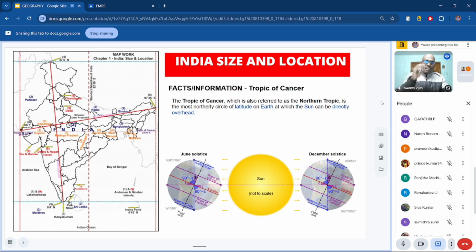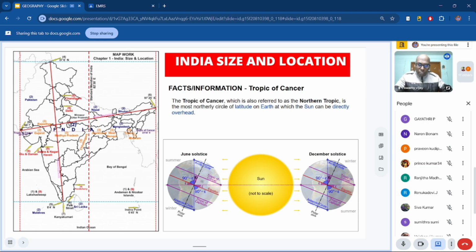So sun rays hit directly on the Tropic of Cancer, whereas the sun rays hit perpendicular at the poles, North Pole and South Pole. If you see the small pictures here, I hope it is visible to all of you, the Tropic of Cancer is actually in the line of rays. When the sun rays start, they exactly hit the Tropic of Cancer part.